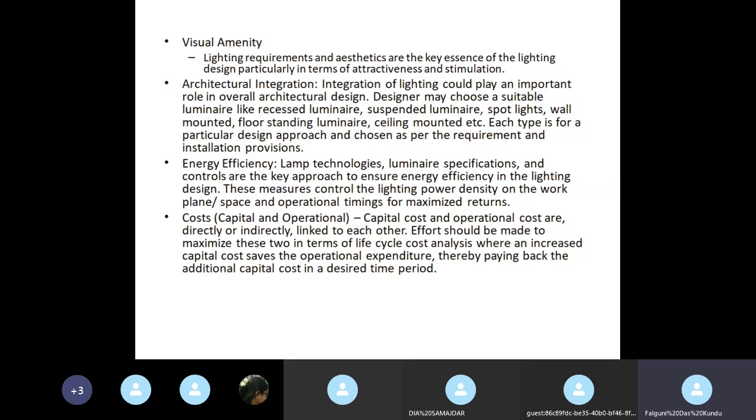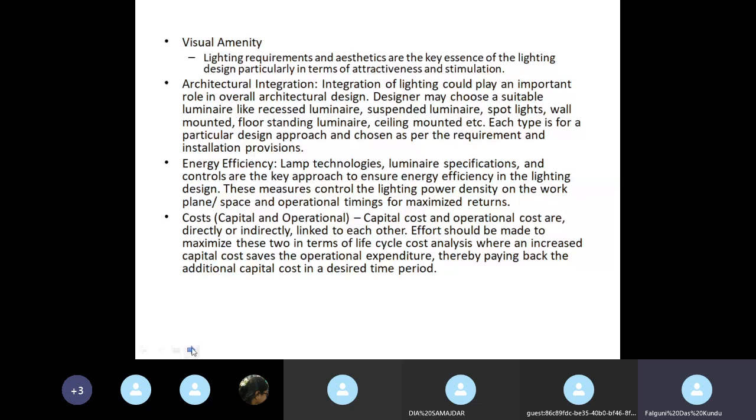Okay. Next is the architectural integration. Integration of lighting could play an important role in overall architectural design. The designer may choose a suitable luminaire like recessed luminaire, suspended luminaire, spotlights, wall-mounted, floor-standing luminaire, ceiling-mounted, etc. And each type is for a particular design approach and chosen as per the requirements and the installation provisions.